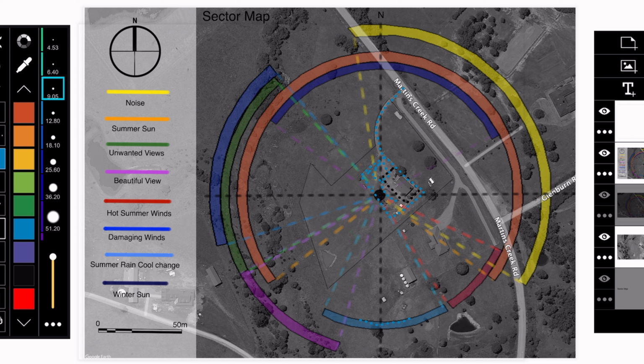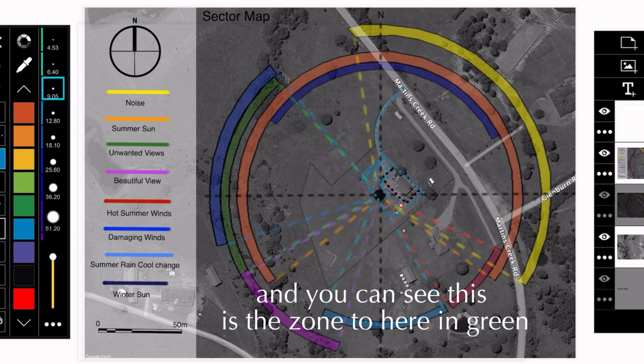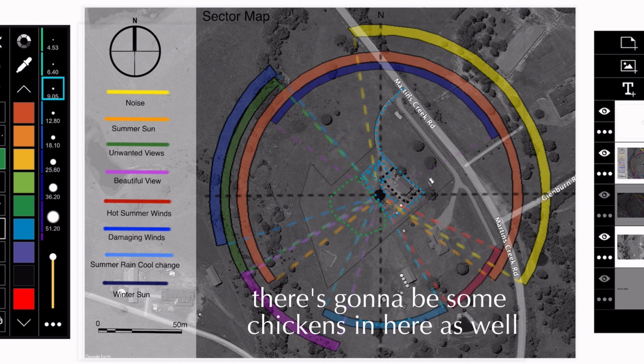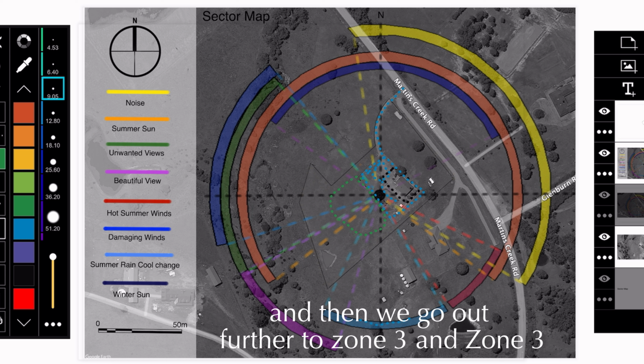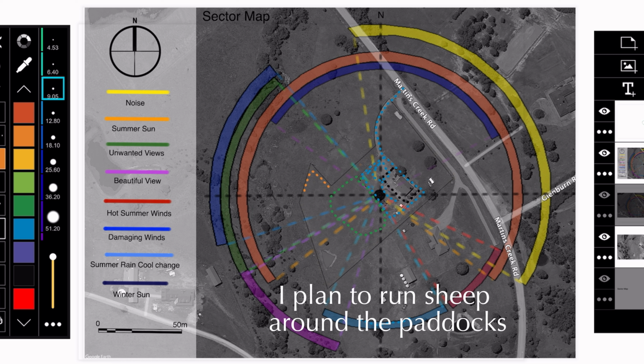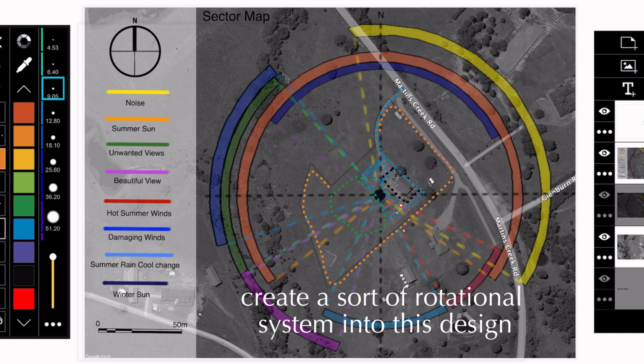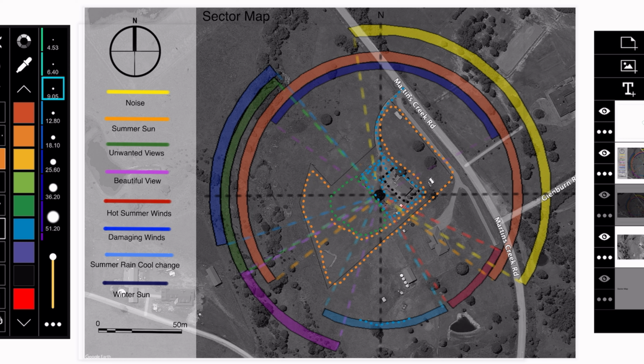And you can see this is the zone 2 here in green, where the market garden is, and it's located close to the house. There's going to be some chickens in here as well, and then we go out further to zone 3. In zone 3, I plan to run sheep around the paddocks, and I'm trying, as best I can, to create a sort of rotational system into this design.